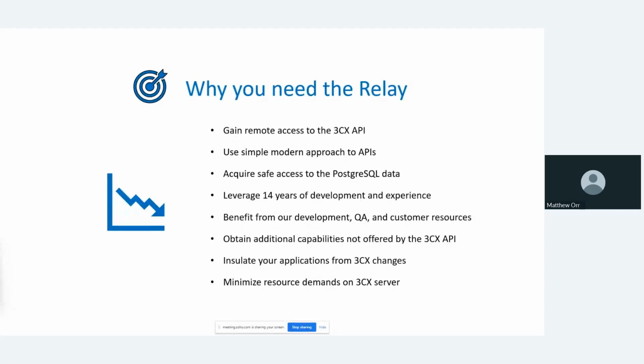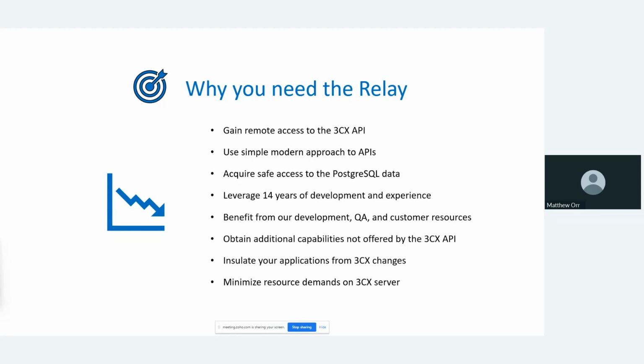Then allow 3CX to come in, fix your issue, and get out, and then reinstall the relay. It only takes maybe 2-3 minutes to install the relay. It's really quite simple to install. So uninstalling it and reinstalling it is what I would recommend.